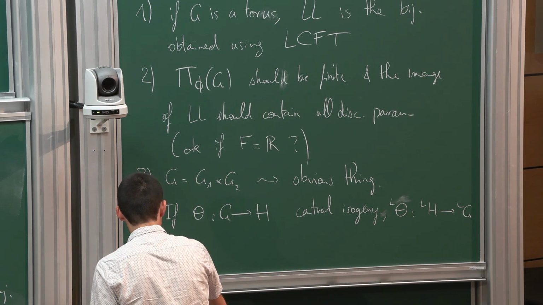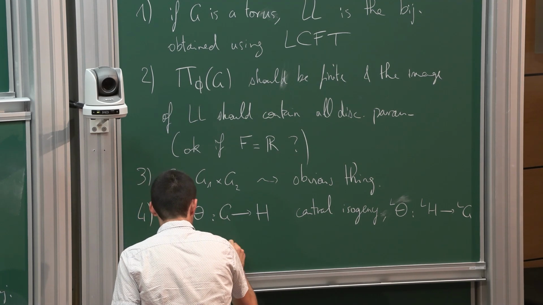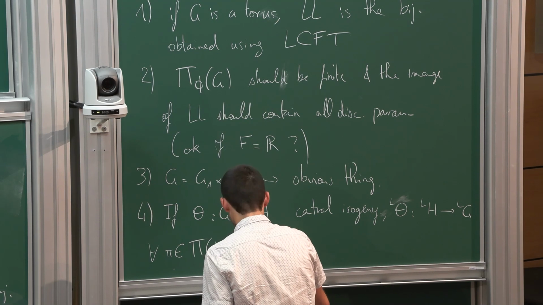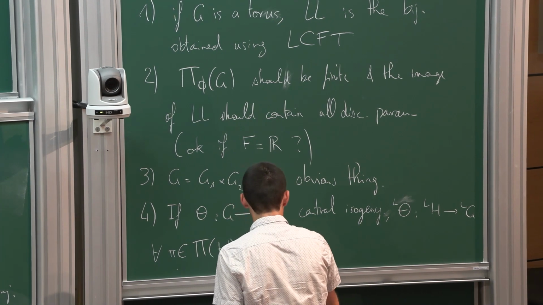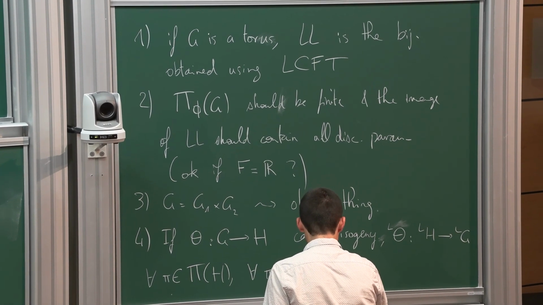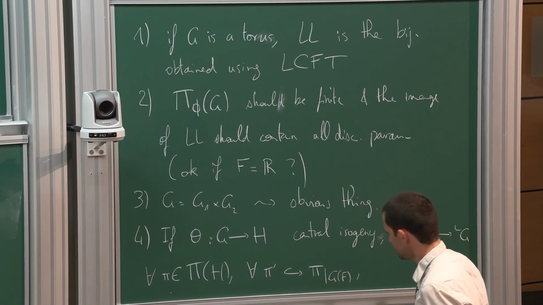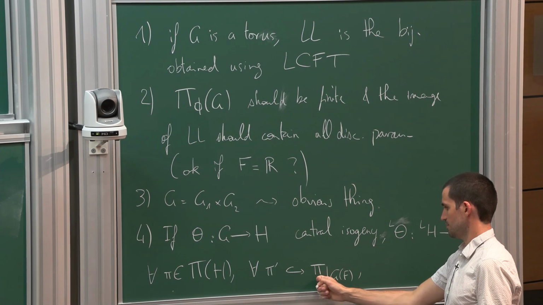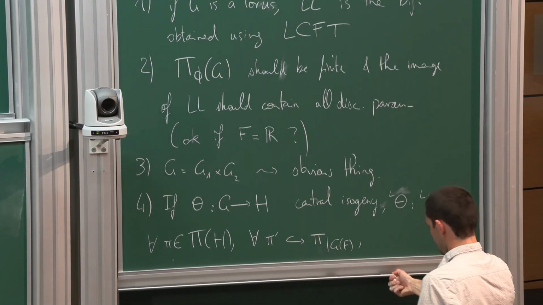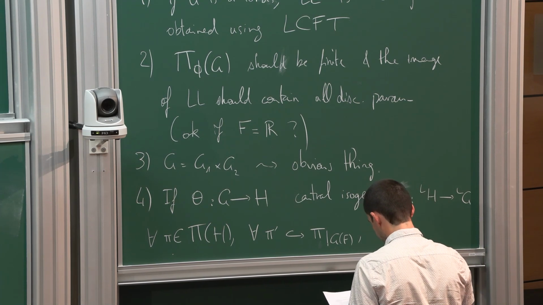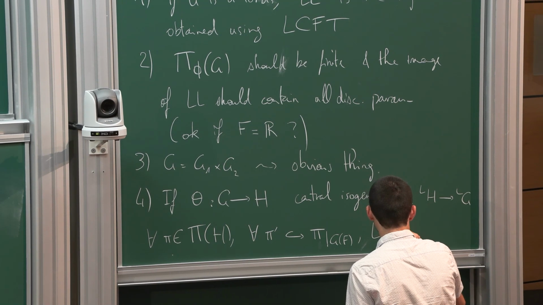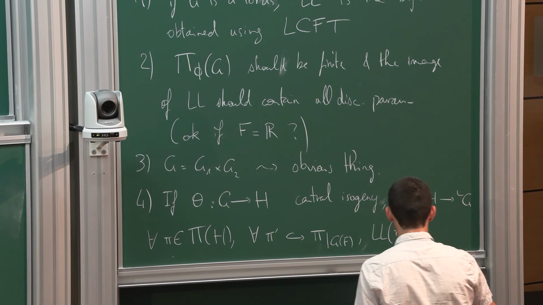So for any representation for H and any, let's say, pi prime occurring in the restriction to G. Yeah, so this restriction is always semi-simple of finite length. We should have the local Langlands parameter of pi prime should be just a composition.